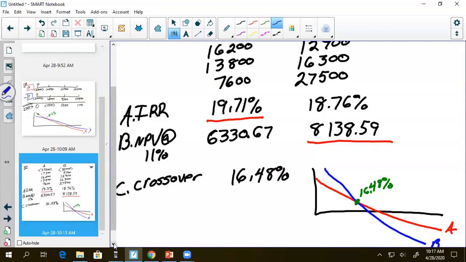So where would we choose project A? Wouldn't it be anywhere above the 16.48? Yes, anything above 16.48. So anything in here, whoops, I meant to do that in a different color. Okay. So anything in this range right here, we would choose A. And anything here, we would choose B. Okay. Does that make sense? Is everybody good? Okay.